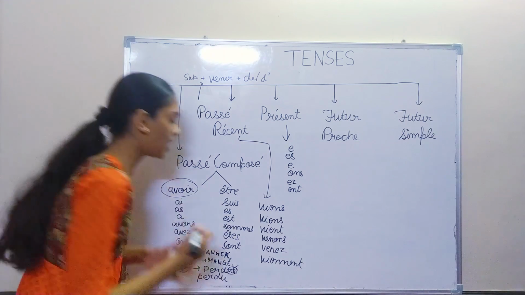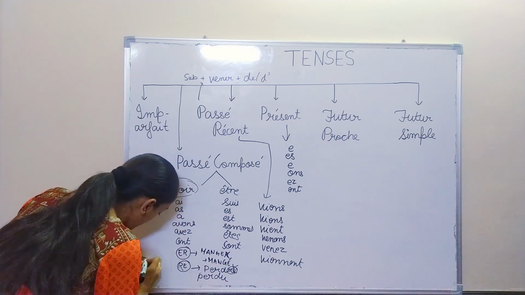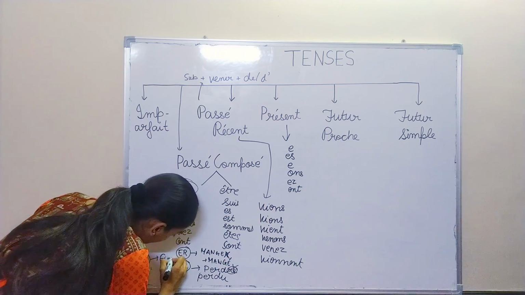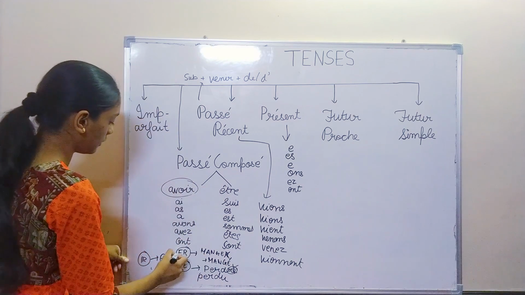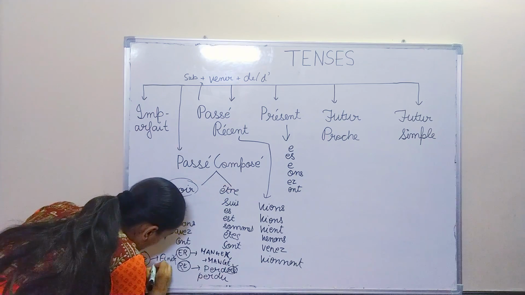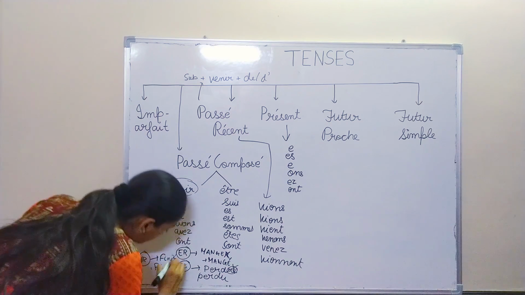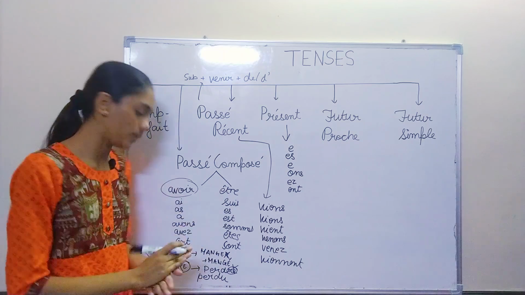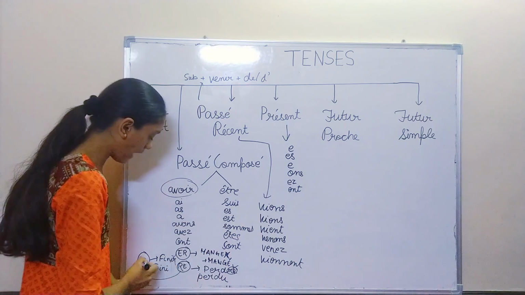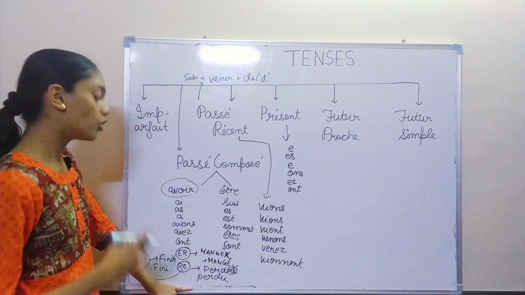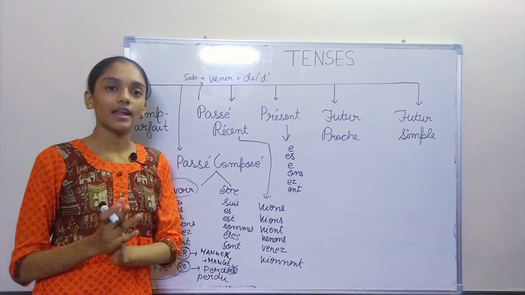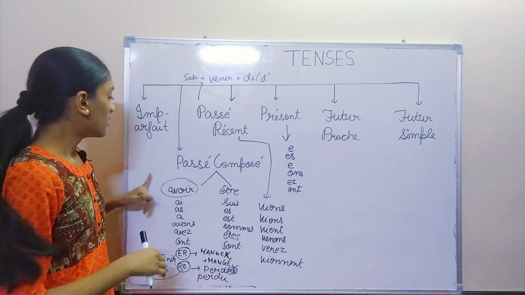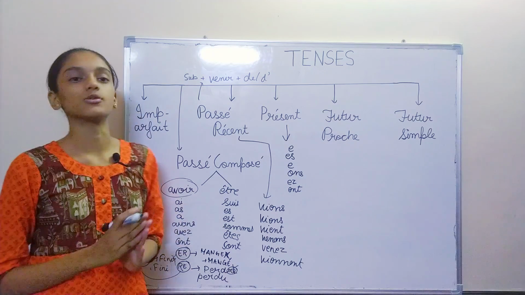And if you have an IR verb, suppose finir, then you just simply remove the R. So the past participle is fini. But this is not always the case for IR and RE verbs. You cannot always stick to this rule. There are some exceptions also. Plenty many, I would say. So this is how you do Passé Composé.